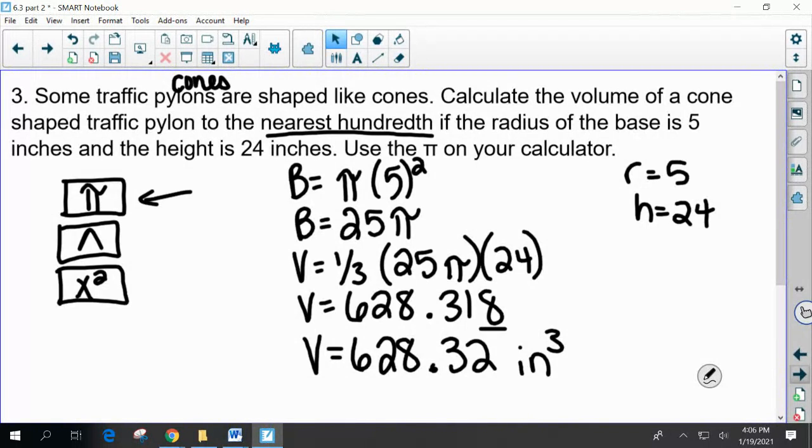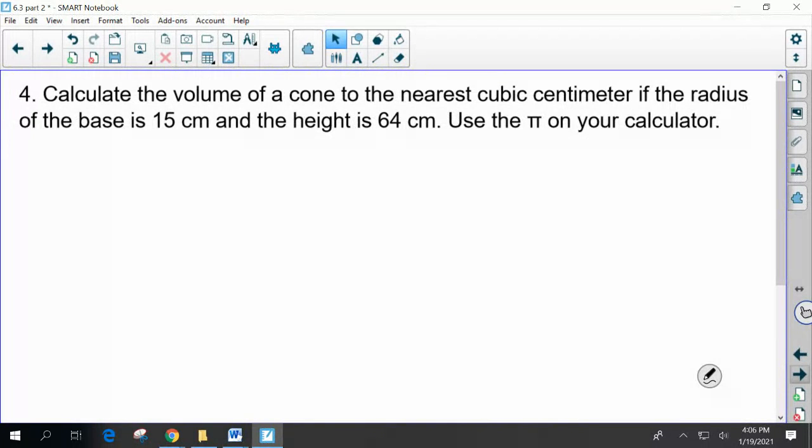Okay, so this is number 4. For some reason you have 2 number 4s, so we'll just call this one 4A. Calculate the volume of a cone to the nearest cubic centimeter. The nearest cubic centimeter means the nearest whole number.